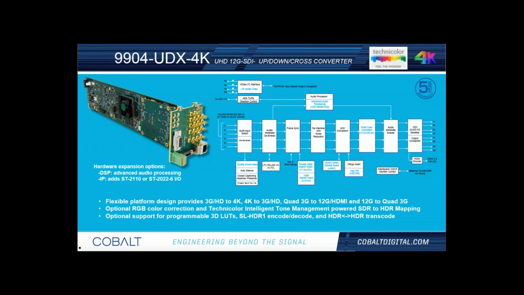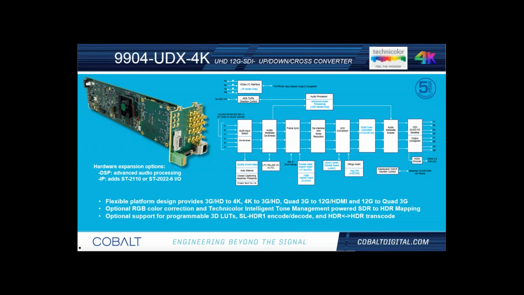But in this case, for this particular card, we take it up to 4K, where we can process up to 12G or quad 3G. What's unique about this card is that we have the ability to do different license options, so we can activate them on the fly, as Sir described earlier, and also in that diagram where he described how you do the remote management. With this, you don't need multiple cards.